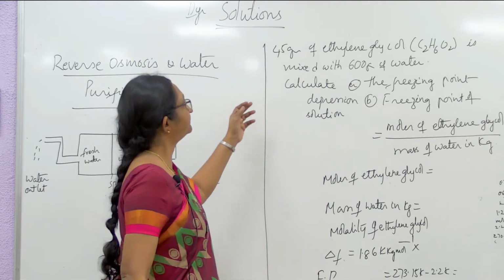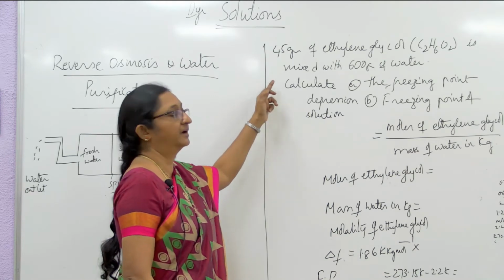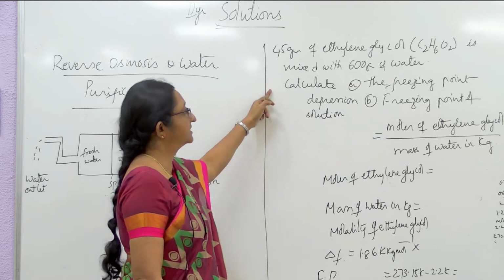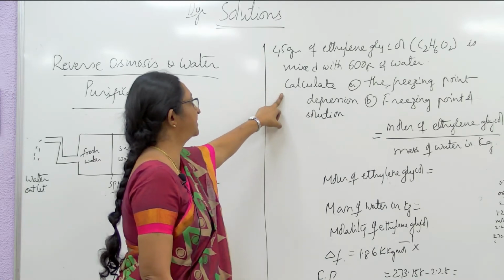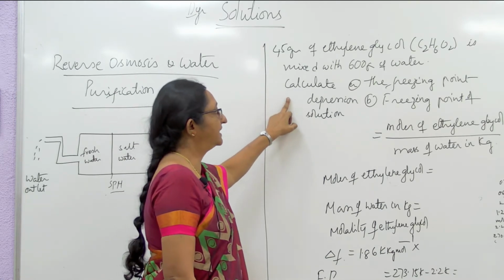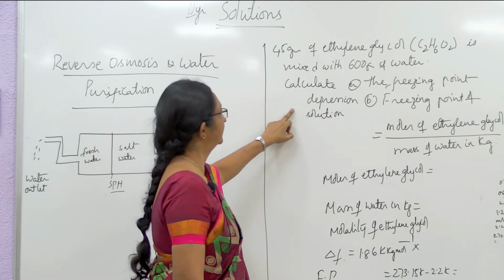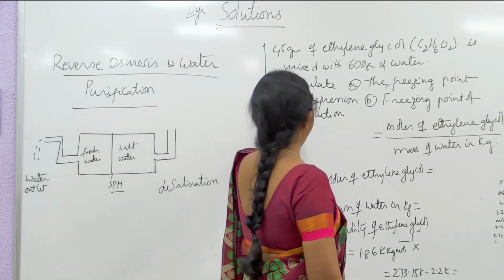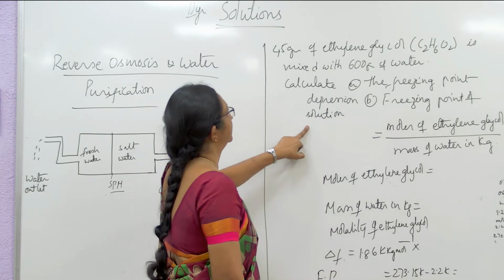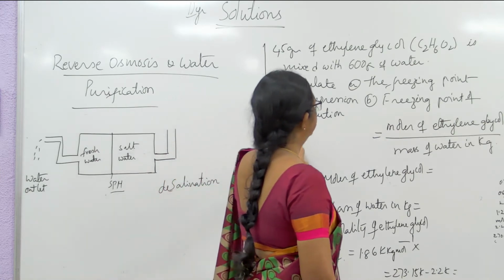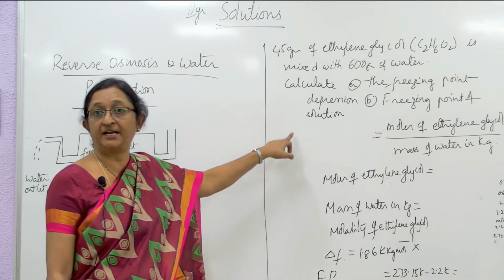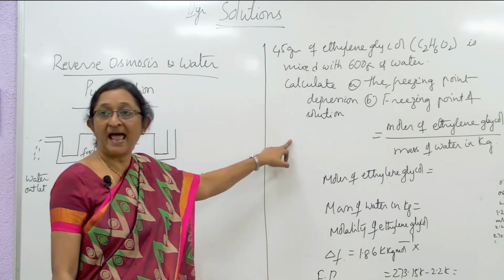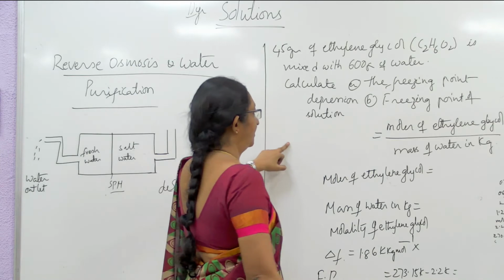Now let us solve this problem. 45 grams of ethylene glycol, C2H6O2, is mixed with 600 grams of water. Calculate the freezing point depression and freezing point of the solution. So here we have learned that the depression of freezing point is directly proportional to the molality of the solution.